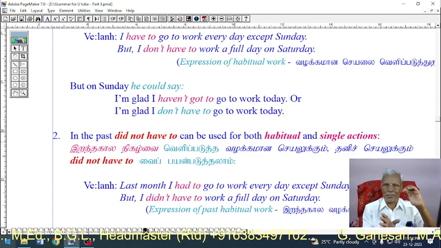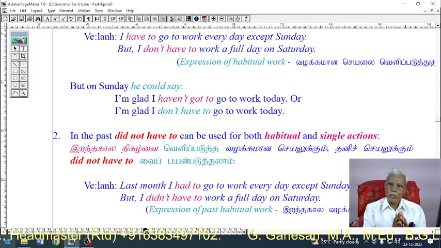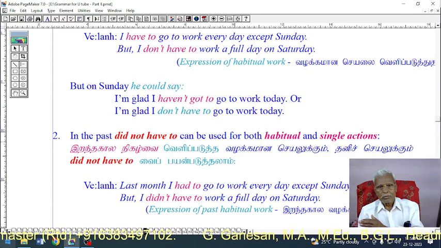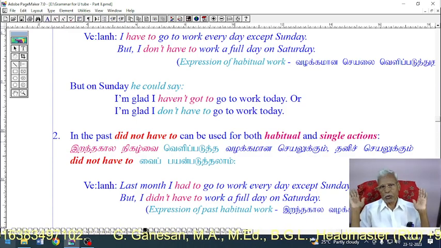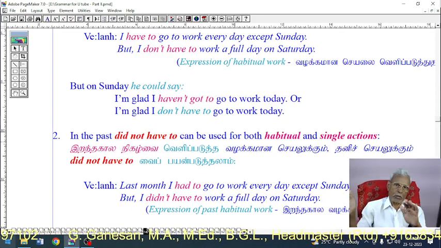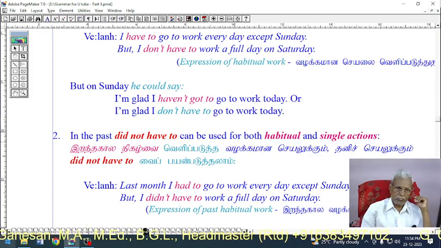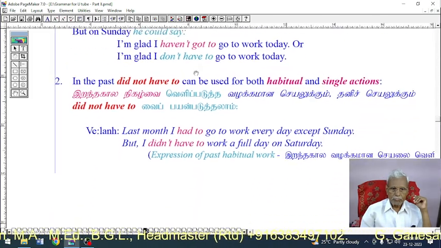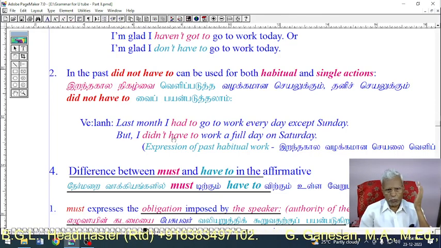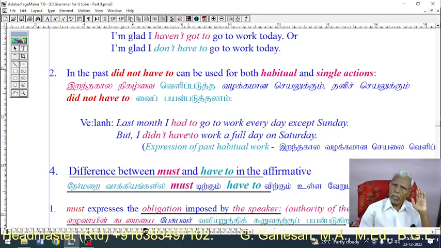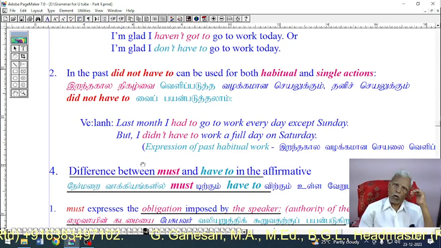But in the present tense, we can use either do not have to or haven't got to. Have to or have got to. In the past tense, we can use had to as well as did not have to throughout for all the persons.